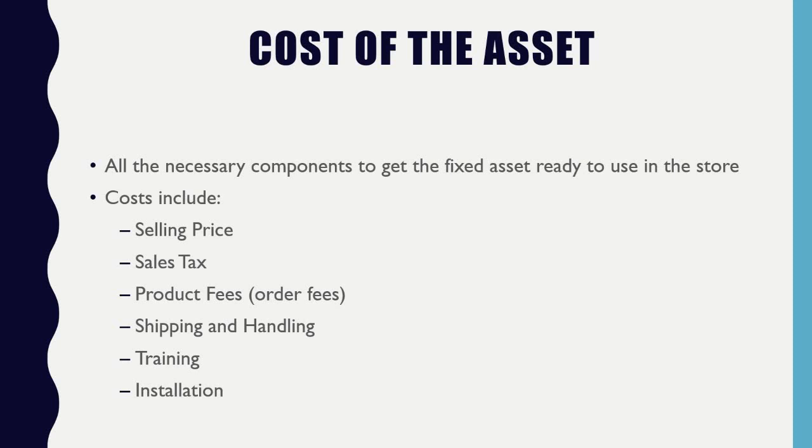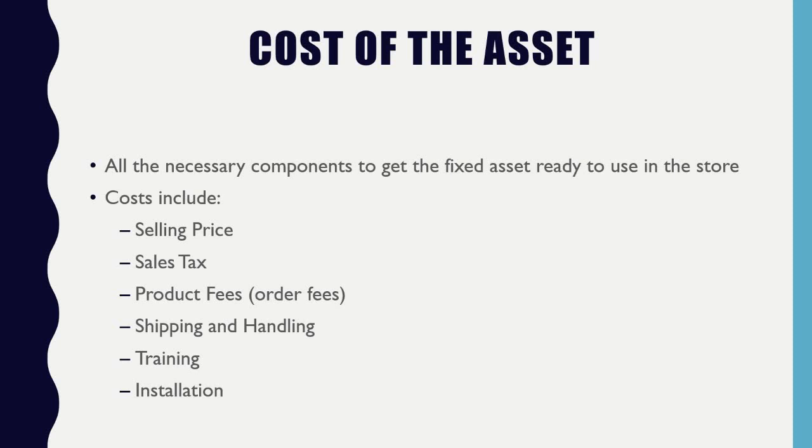All cost it takes to get the asset ready for service. So that can include the original selling price and the sales tax if it's included. If the product had to be shipped to your store, then yes, you need to count that in there. In order to get it ready for service, it needs to be at your store.